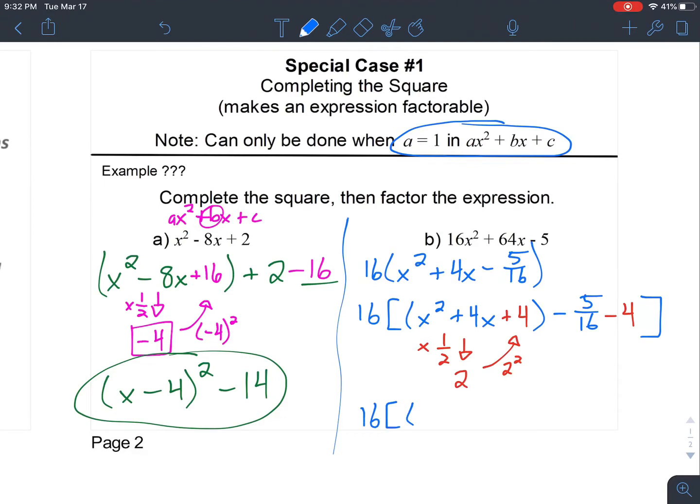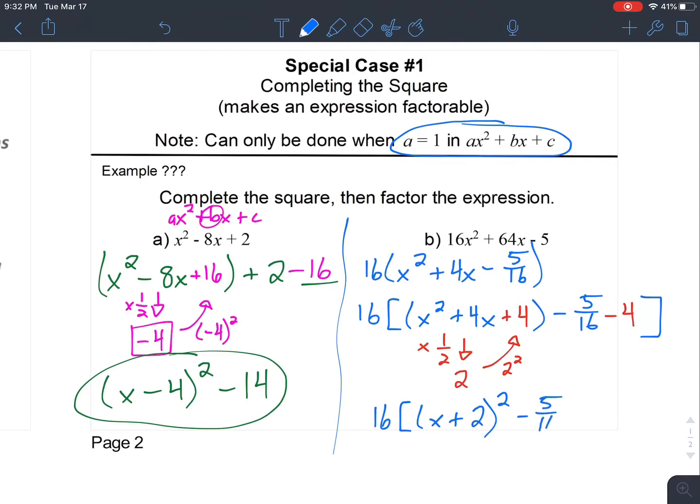So we can write that as, sorry about that. We can write that as 16 times x plus 2 quantity squared. And then this second part here, let's get that 4 and put it into a fraction over 16.